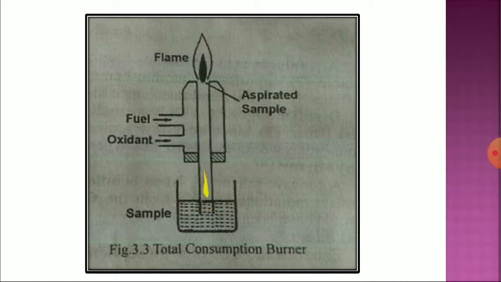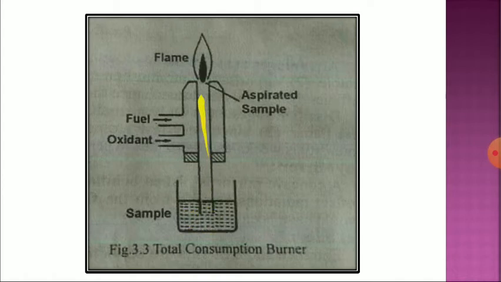That will be dipped into the sample solution. This is actually a beaker. In the beaker we have kept the sample solution, any kind of salt dissolved in water, suppose KCl or NaCl, dissolved in water. That will be our sample solution.